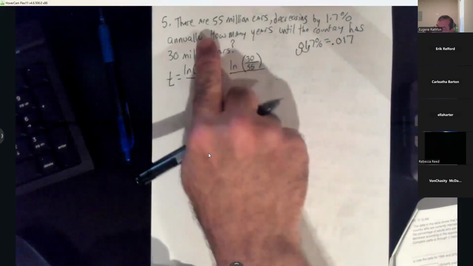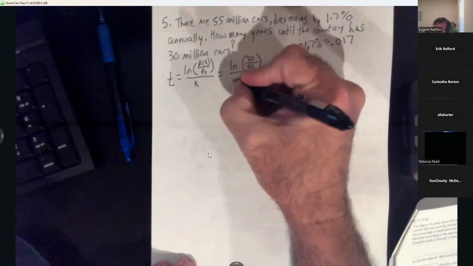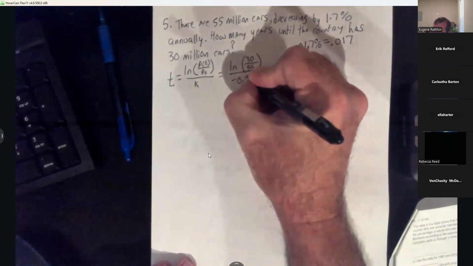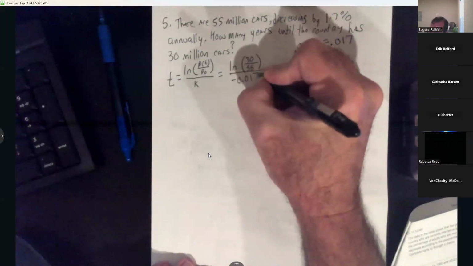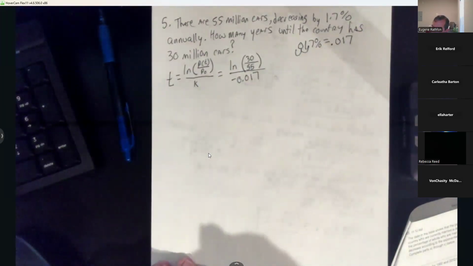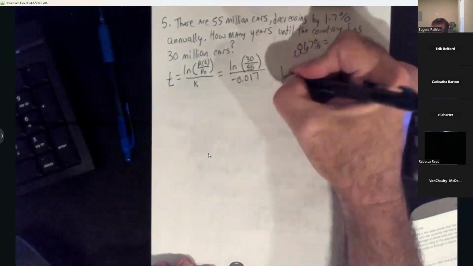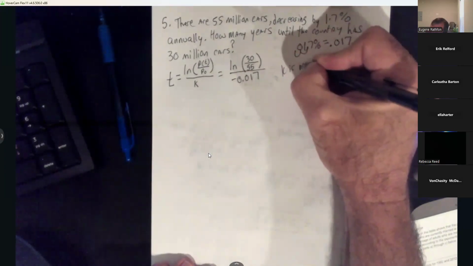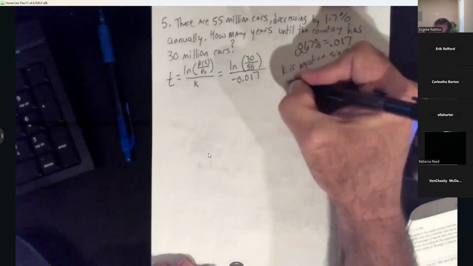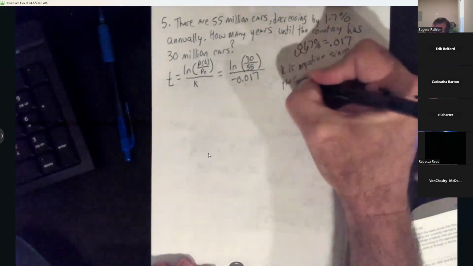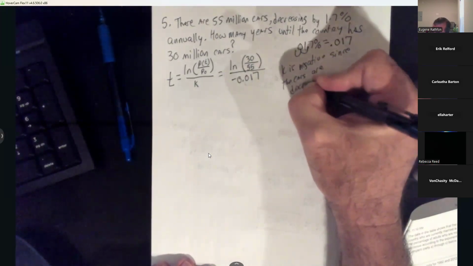Negative. Good job, because this stuff is decreasing. So that's going to be a negative 0.017. So K is negative since the cars are decreasing.